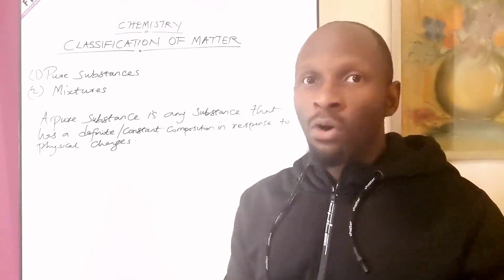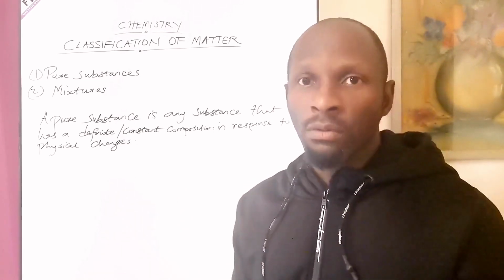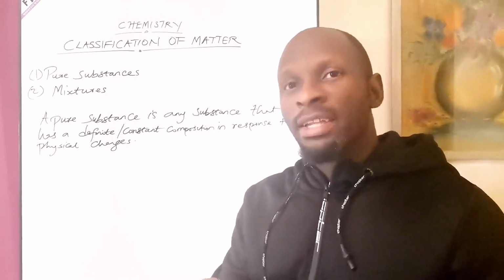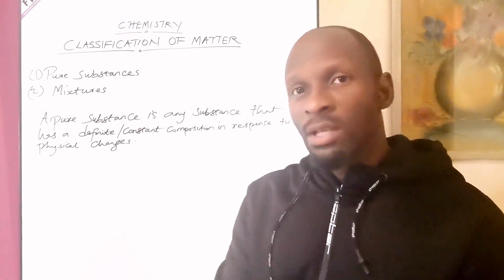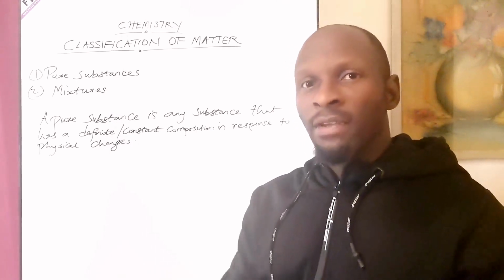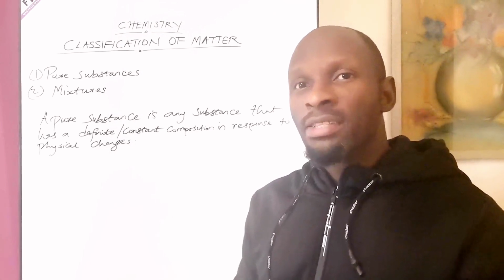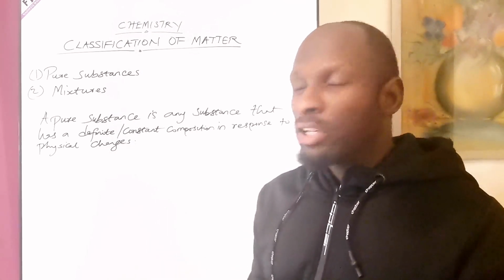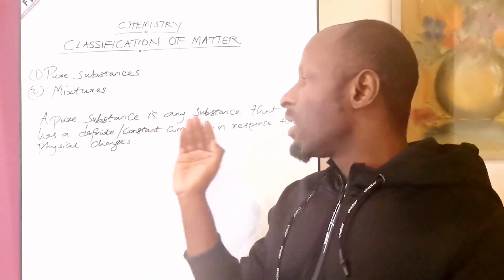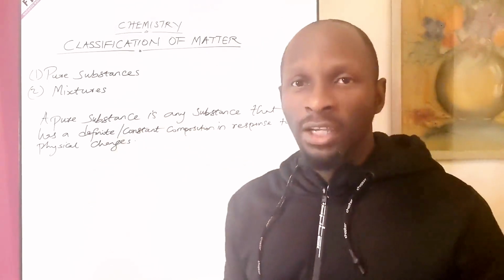So gold falls into the category of solids that can be subject to melting. But when you melt that gold and it changes state from solid to liquid, the composition remains the same. The properties of gold, the core properties of gold, remains the same. That is the implication of this definition, that it has a definite or constant composition in response to physical changes.